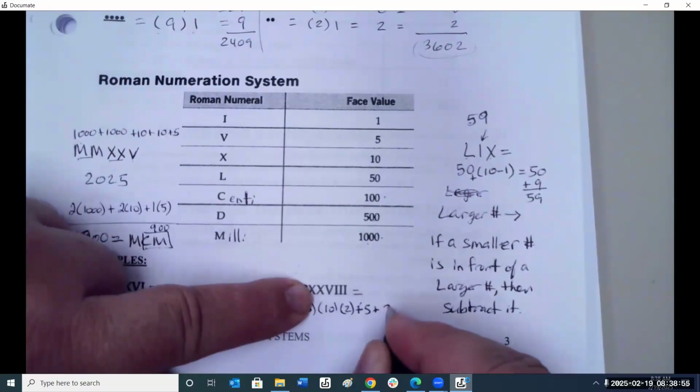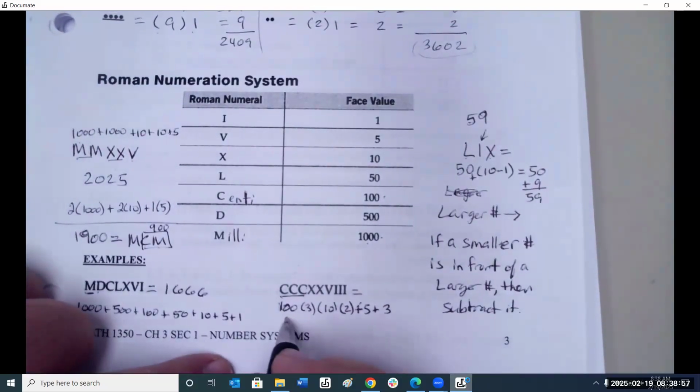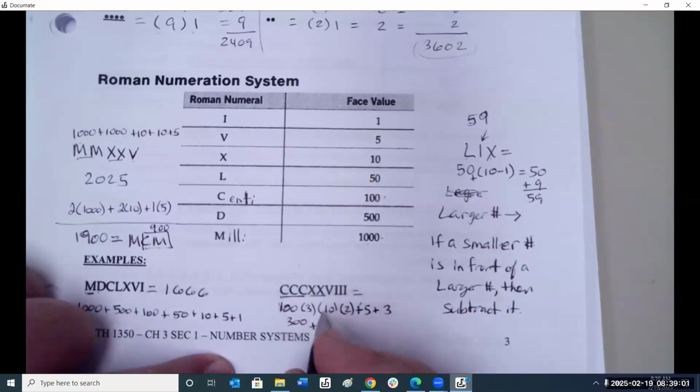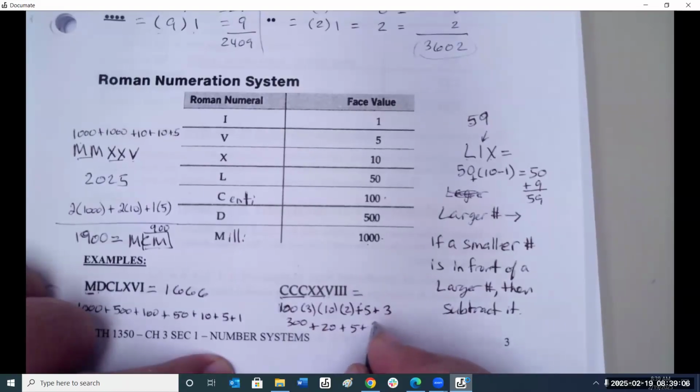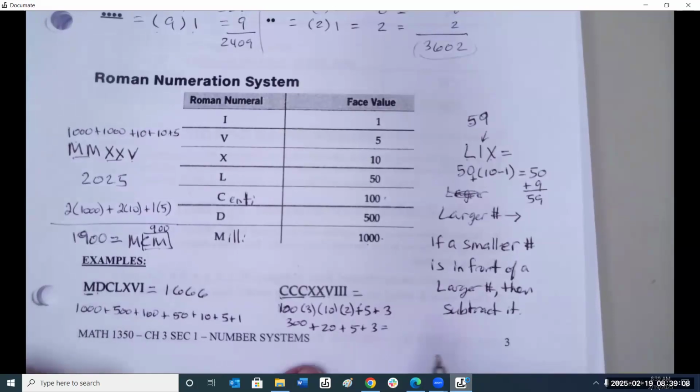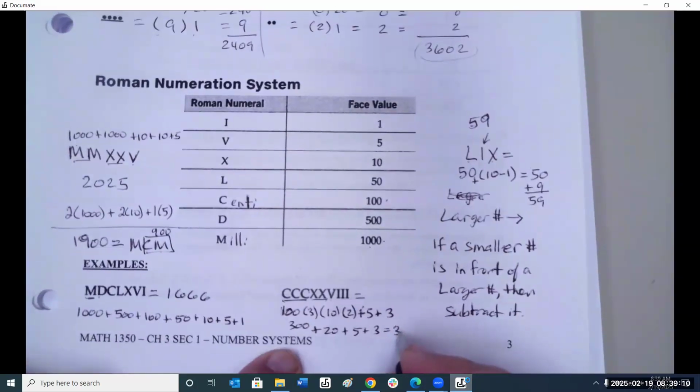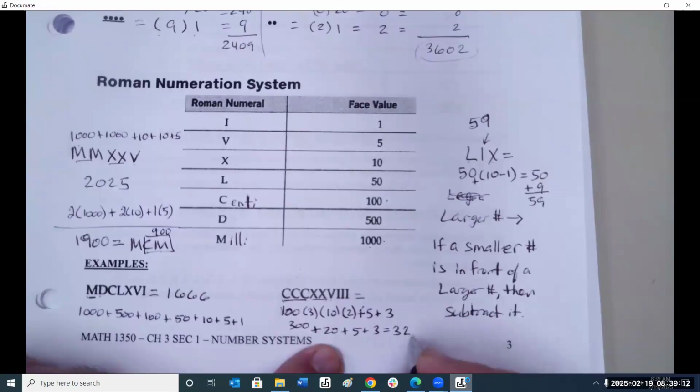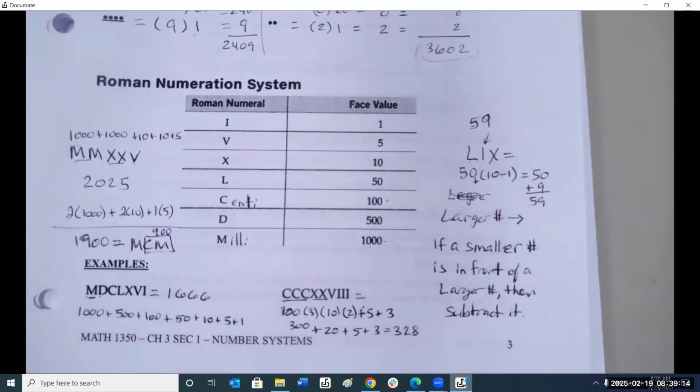Then we have 3 ones. So that's 300 plus 20 plus 5 plus 3. So it's 325 plus 3, which is 328.